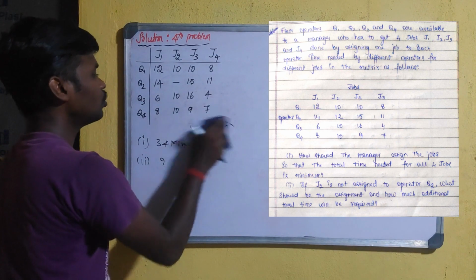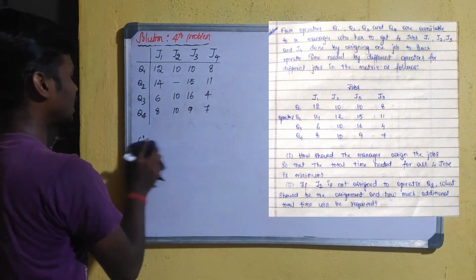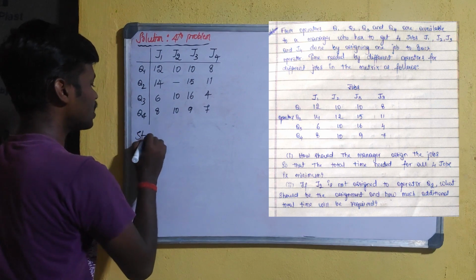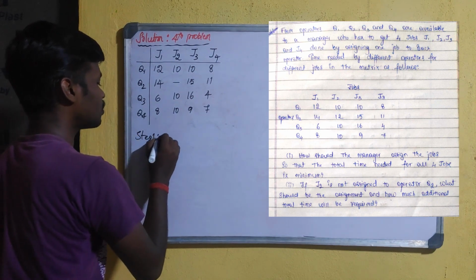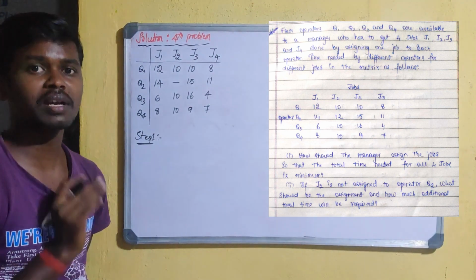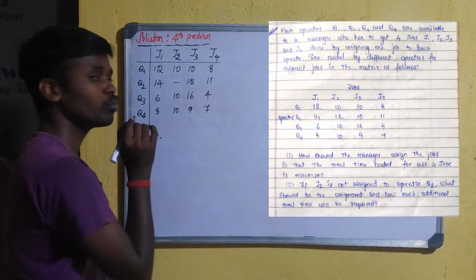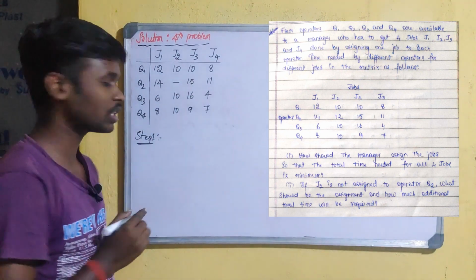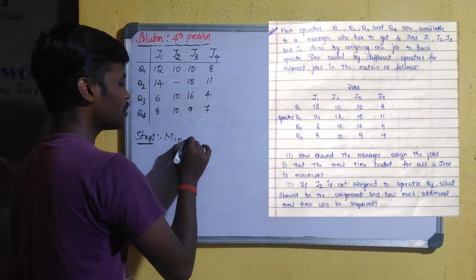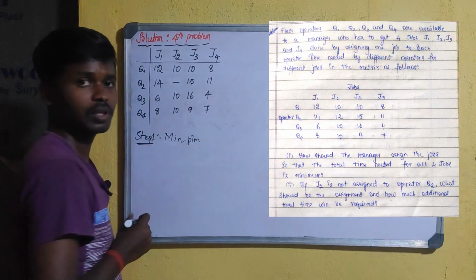That is, we have to confirm whether the given matrix or given problem is a minimization problem or maximization problem. So in the problem itself they have given it is a minimization problem, right? That is to minimize the total time. Therefore we are confirming that the given transportation problem is a minimization problem, right?